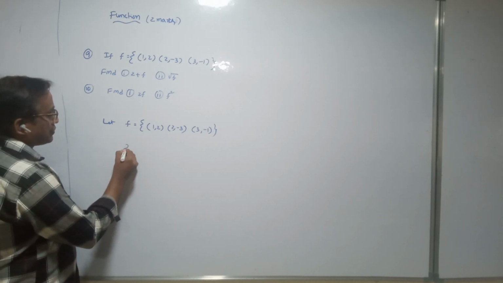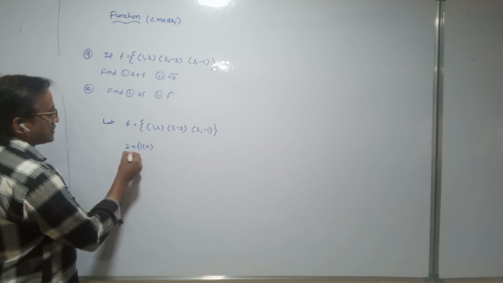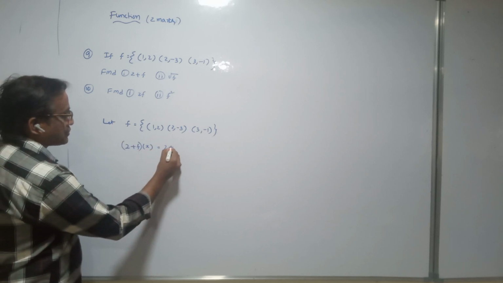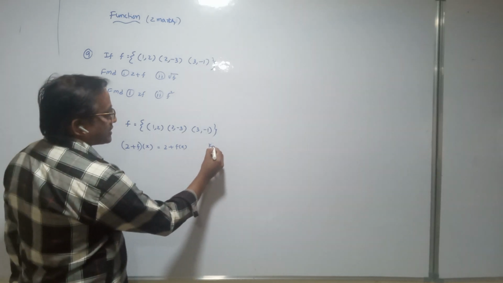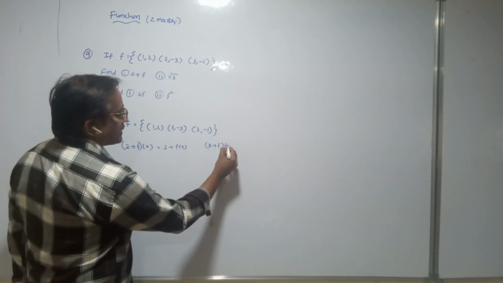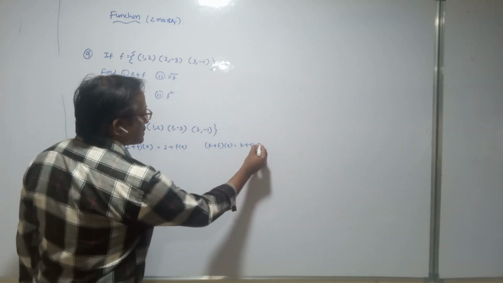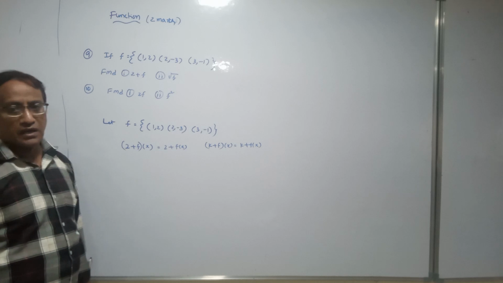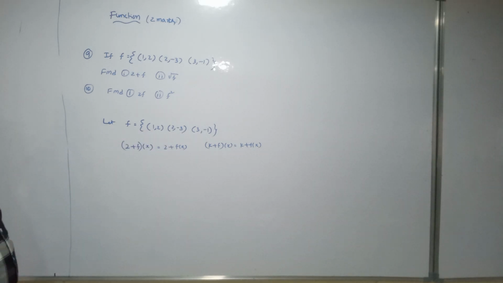Now 2 plus f of x is defined as 2 plus f of x, or k plus f of x is defined as k plus f of x. That is the definition for all x belongs to that domain.